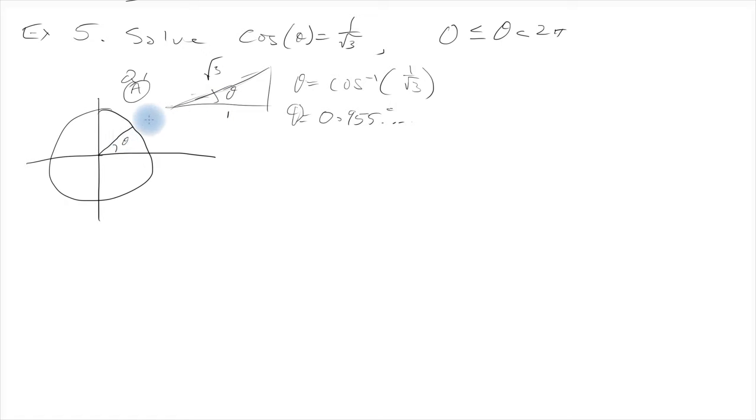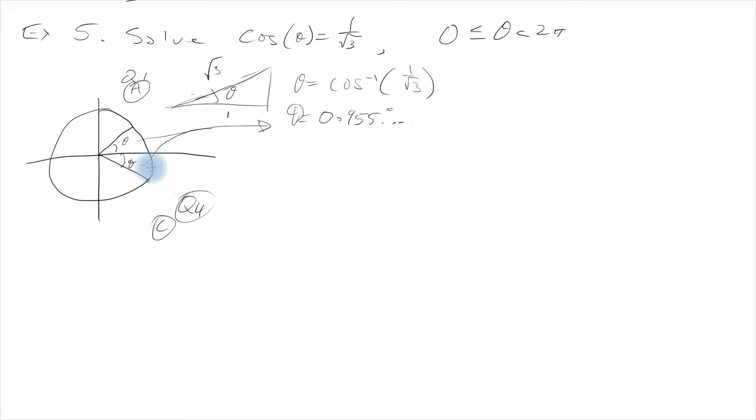But there's another time at which cosine of the angle is 1 on root 3, and the other time when cos is positive is in quadrant number 4 here. In quadrant number 4, cosine is positive, and that's where this angle is the same. So this angle is 0.955, and this one is the same angle as well.